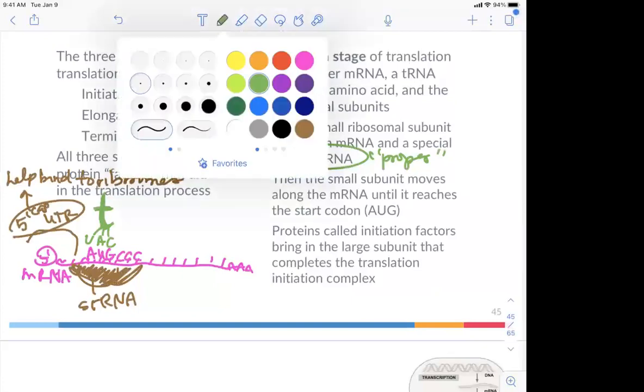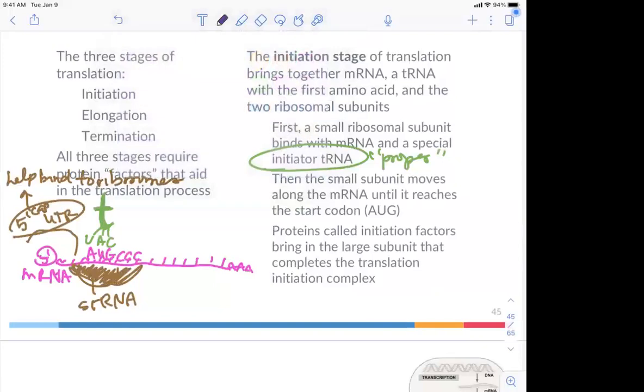And then if you look at your genetic code and you read off AUG, you know which amino acid this tRNA is holding. It is holding the amino acid methionine.